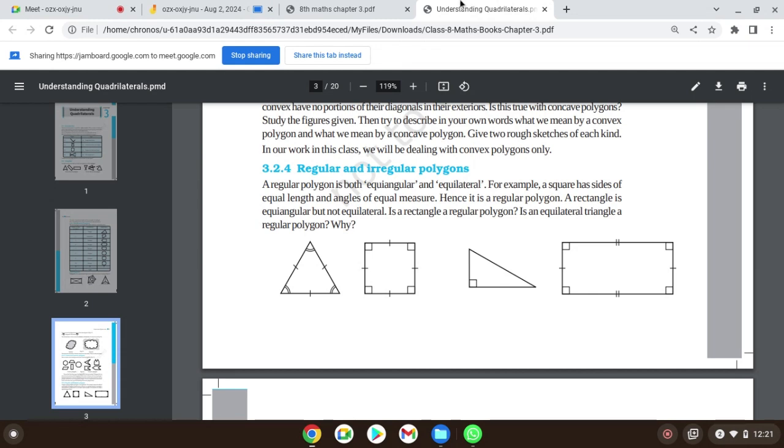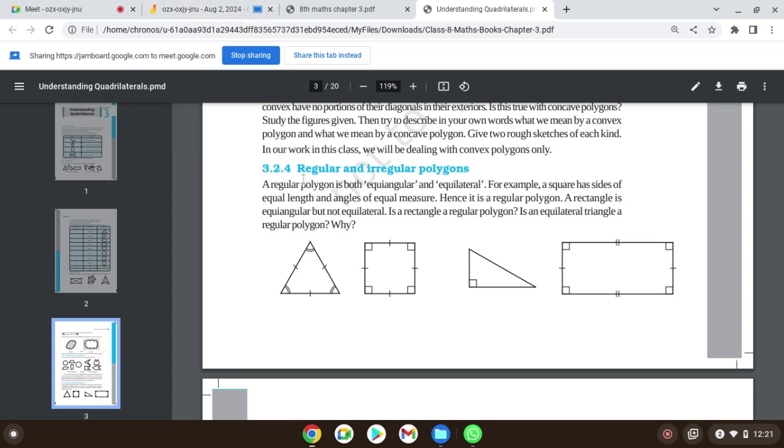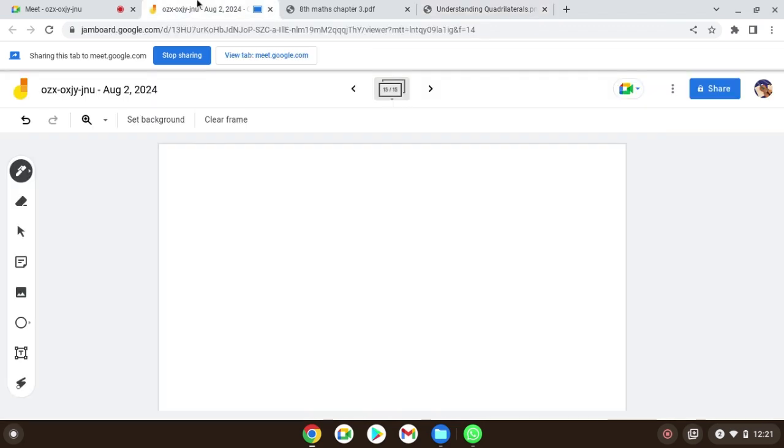Now we have to get the idea about regular and irregular polygons. We will start with the regular polygons. The pictures that have equal sides and equal angles are known as regular polygons. You have to write the point here.